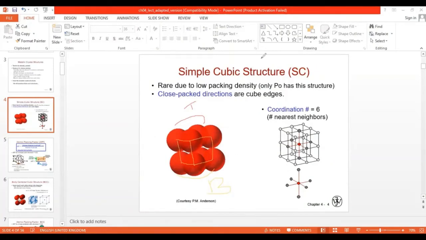So this is a 3D structure. Can you imagine this structure actually being here? This line here, this line here, this line here, this line there, right? This structure is known as simple cubic structure.